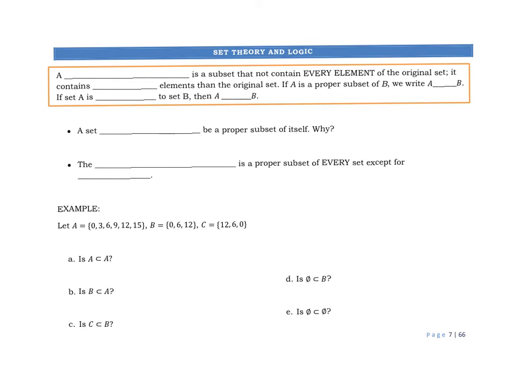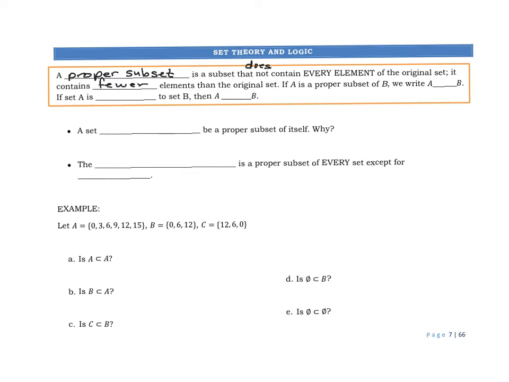A proper subset is a subset that does not contain every element of the original set. So it contains fewer elements than the original set.